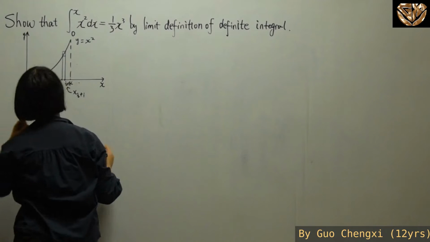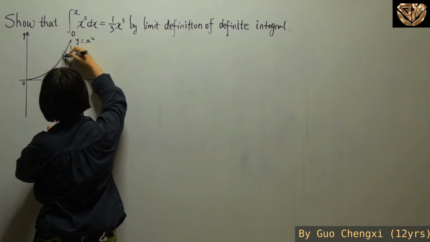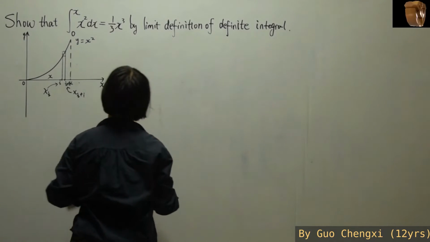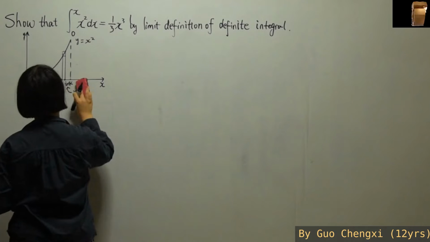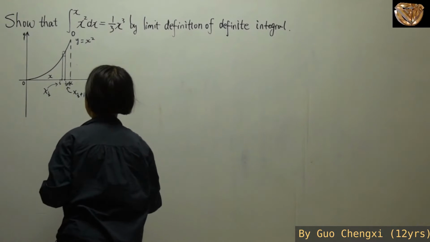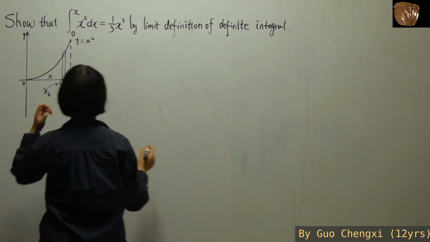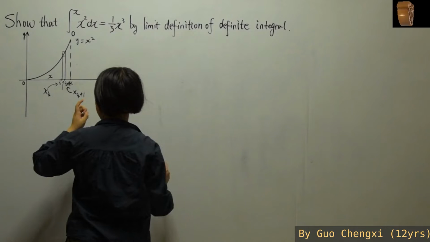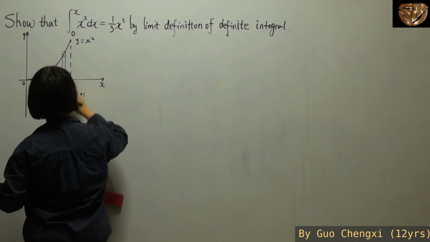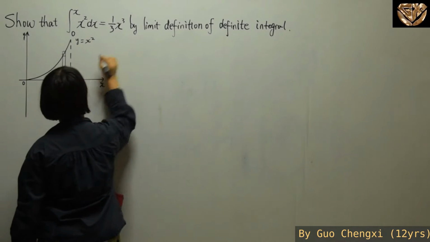Either way, when you calculate it, you'll realize that between this rectangle and the actual value there's going to be error, okay? And how do we deal with the error? I'll explain later. Right now we are not bothering much about the error. This is delta x.